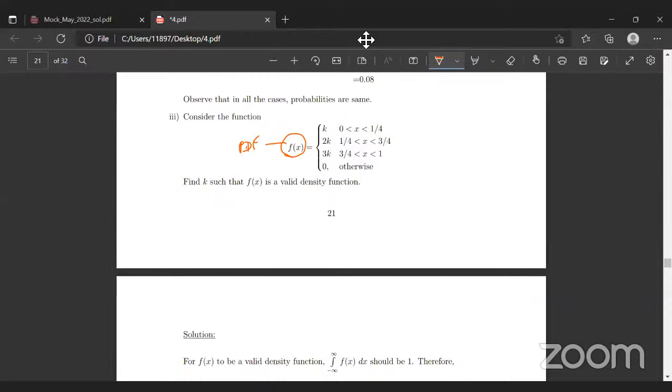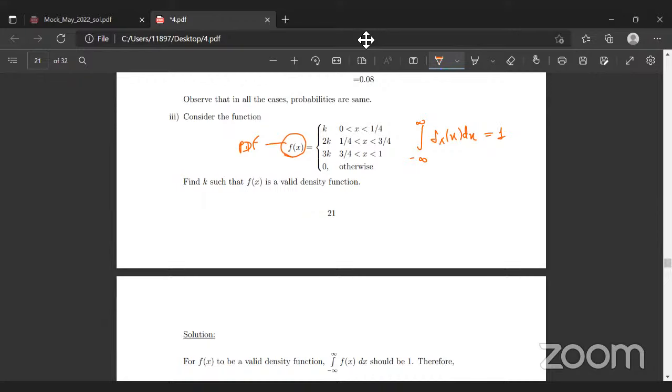Like probability that x lies between 1 by 4 to 3 by 4 is 2k. So we don't know the actual densities. So how do we find that? We will have to integrate, right? We know the properties of PDF, that if you integrate fx from minus infinity to infinity, it should give the value 1.